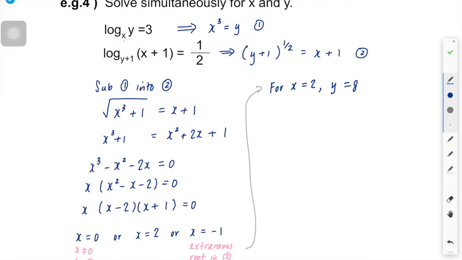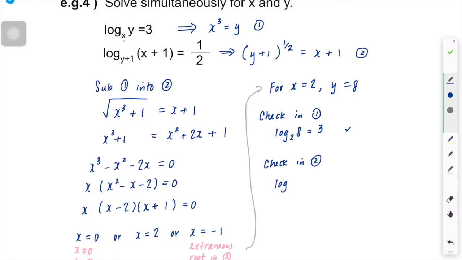In equation 1, the original form, can I have log base 2 of 8 equals 3? Yep, checks out. And how about checking equation 2?